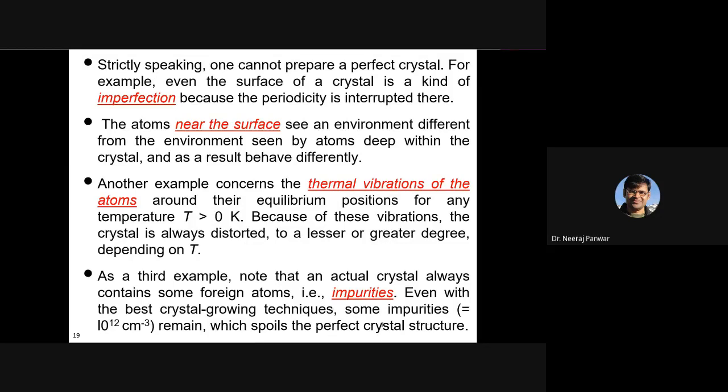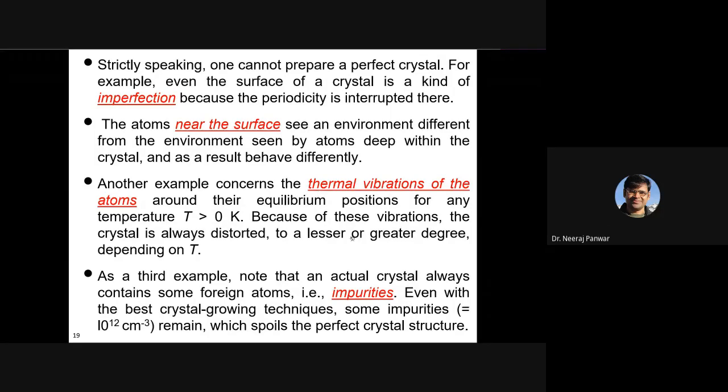So what are the factors that break the perfect crystal structure? One is that the crystal itself is of finite size, so it possesses a surface. The other is that we are dealing with crystals at finite temperature, and finite temperature leads to atomic vibrations.